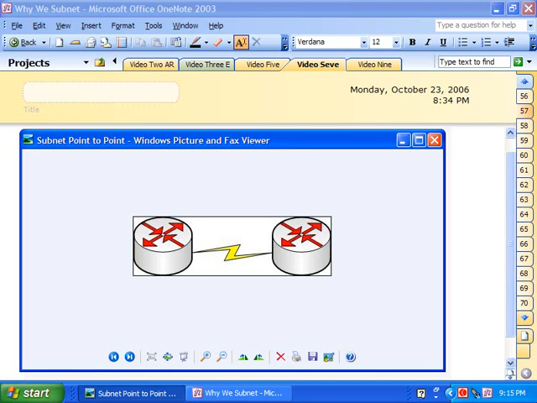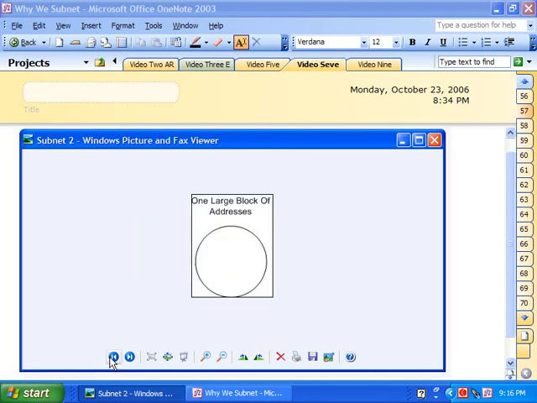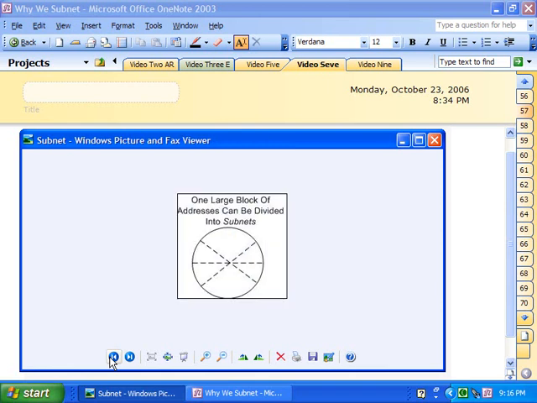By rule, a point-to-point network is just that. We only need two. So if your internet service provider can only sell you a block of 254 addresses, you'd be wasting a lot of money and they'd be wasting a lot of addresses. So what the ISP does is they subnet. And again, all we're doing with subnetting is taking one large block of addresses and dividing it into subnets.